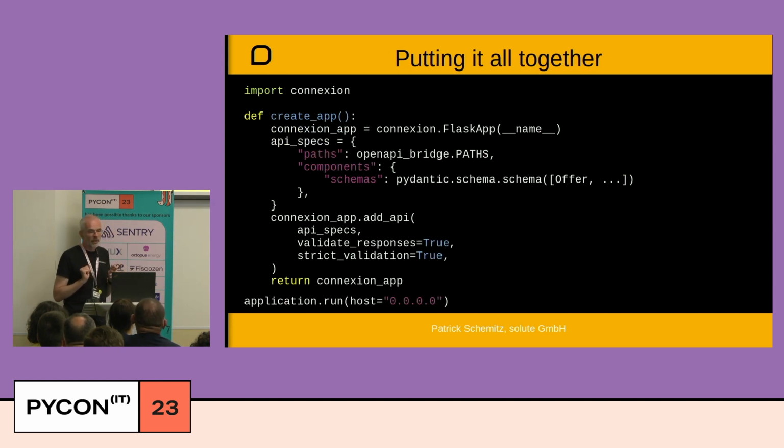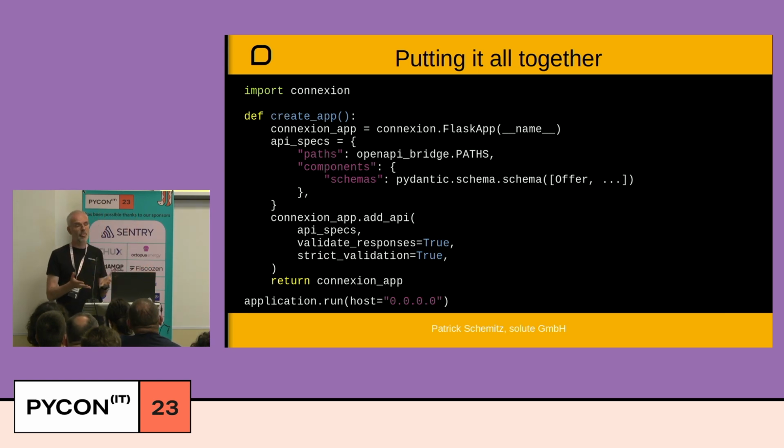So to create the Connexion app, we create an instance of Connexion.Flask app. We combine the paths from the last slide with the Pydantic schemas from a couple of slides back, and then we add all this as an API to the Connexion app. And then we run it.